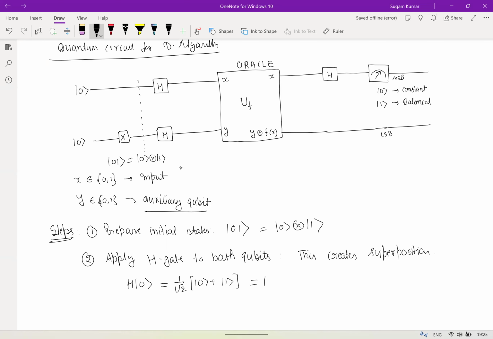And this state is also called the plus state, correct? This is the Hadamard basis state. And when the H operates on the 1, this is going to give 1 by root 2 times 0 minus 1. This is also called the negative state.